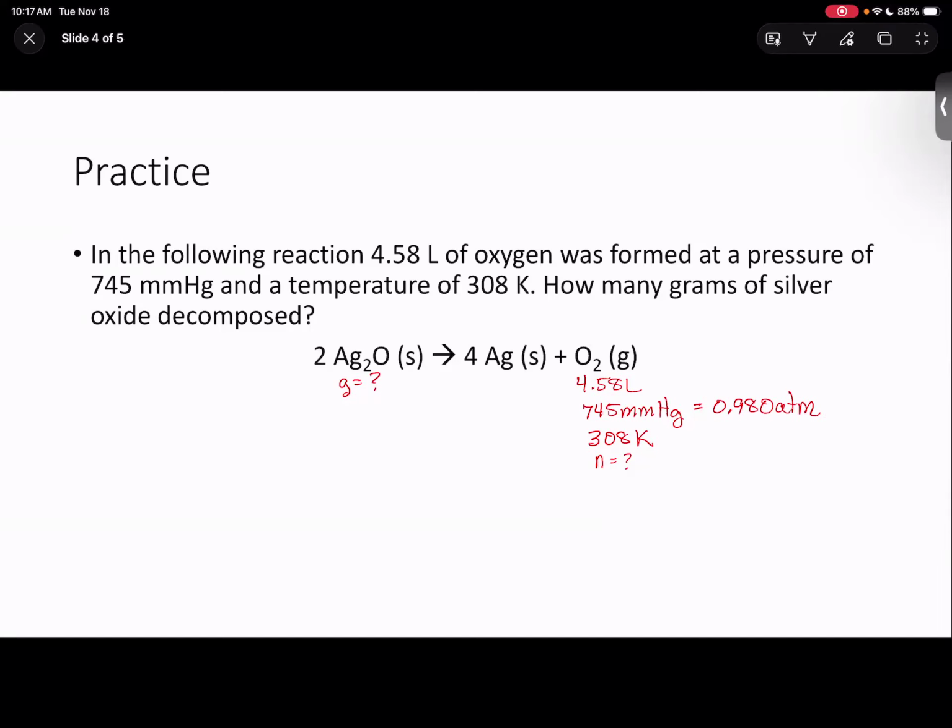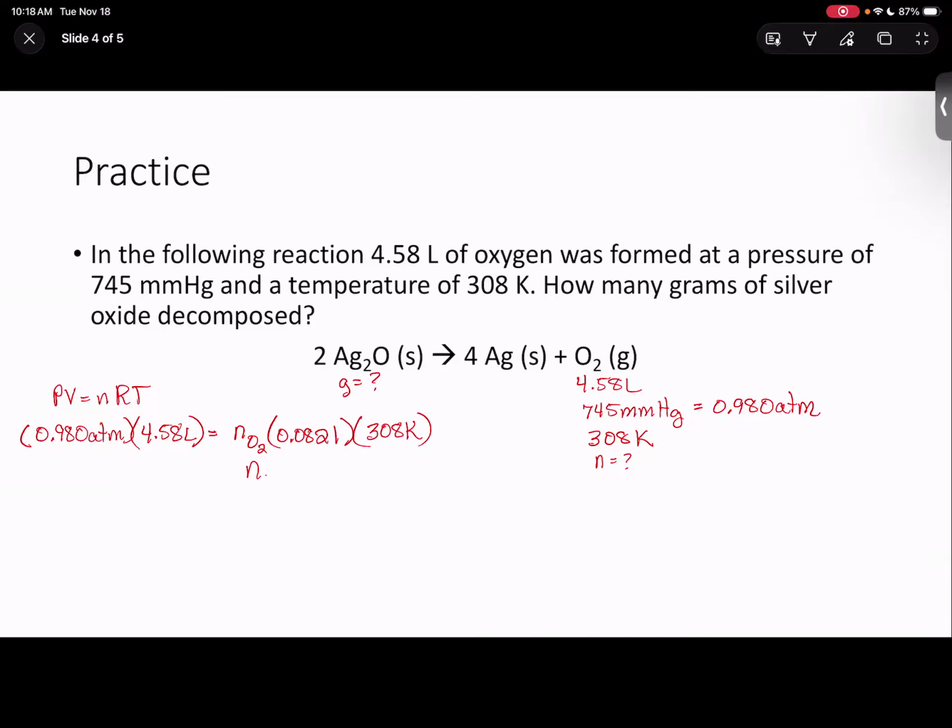Now we're going to take our PV equals nRT and get to moles of oxygen. So our pressure is 0.980 atmospheres times the volume of 4.58 liters is equal to the number of moles of oxygen gas times 0.0821 atmosphere liters per mole Kelvin times 308 Kelvin.